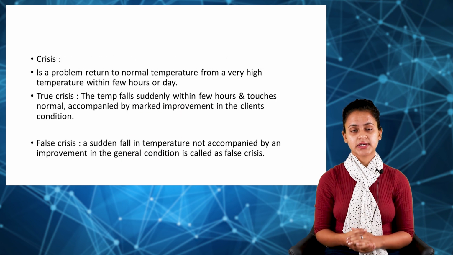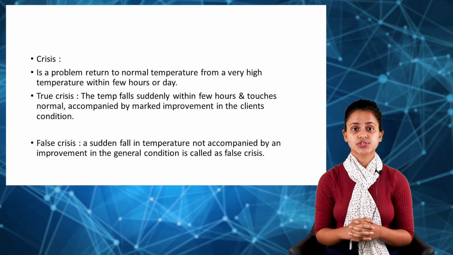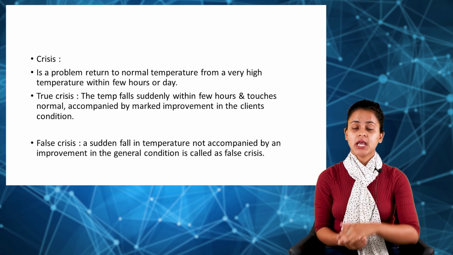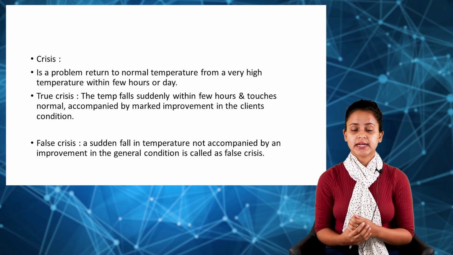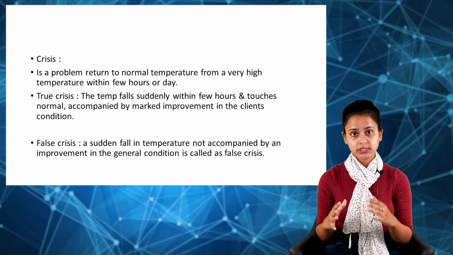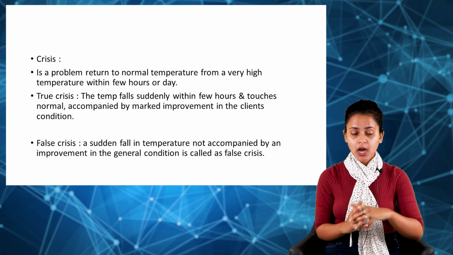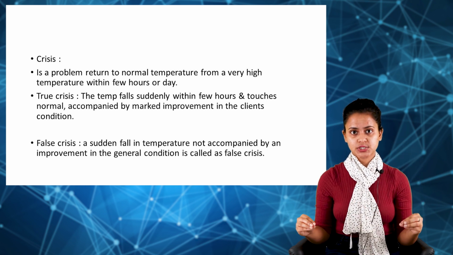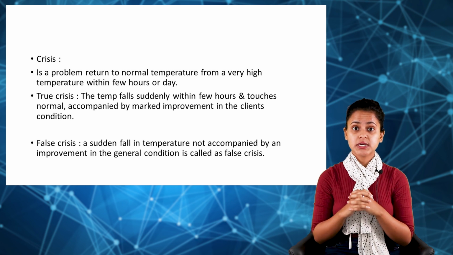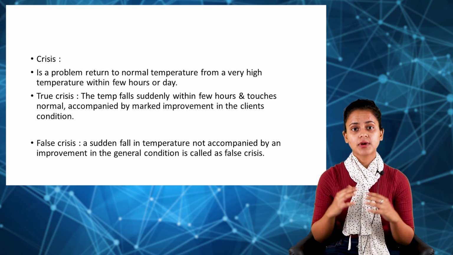Next, we are going to discuss the type of fever named crisis. It is a condition where the temperature returns to normal from a very high temperature within a few hours or a few days of the development of fever.